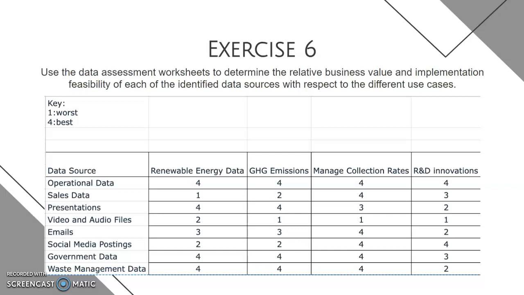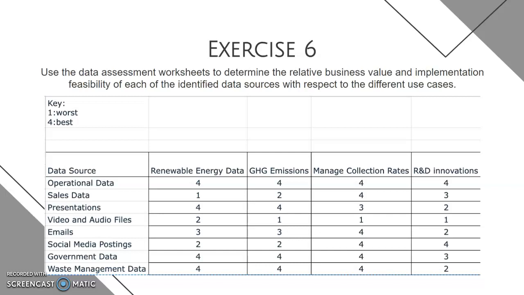And so I'll just go over a couple of these data sources that we mentioned. So for operational data, we said that this would be the best for all 4 categories: renewable energy data, GHG emissions, managed collection rates, and then research and development innovations.